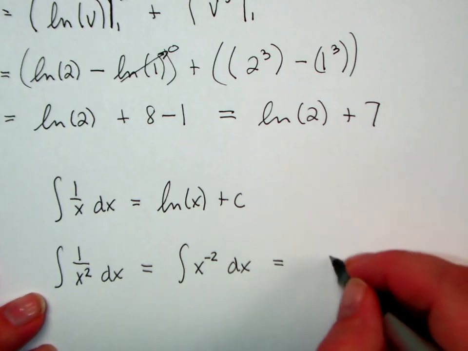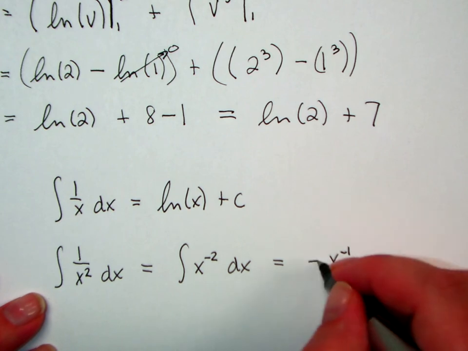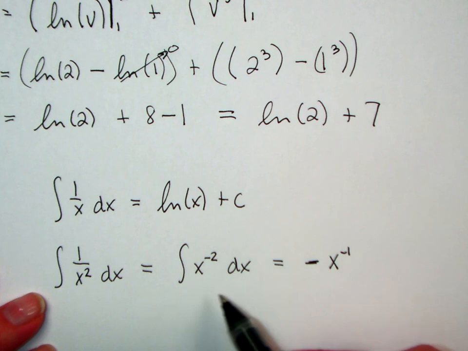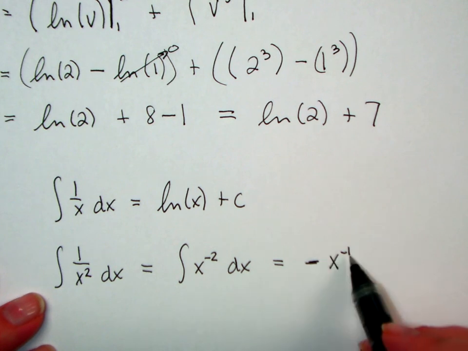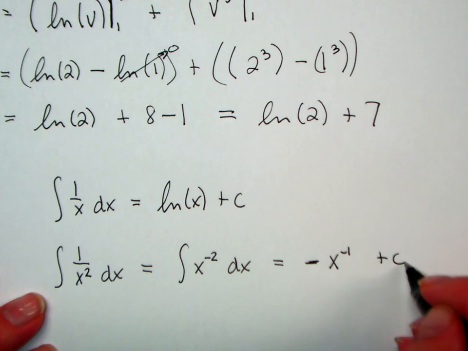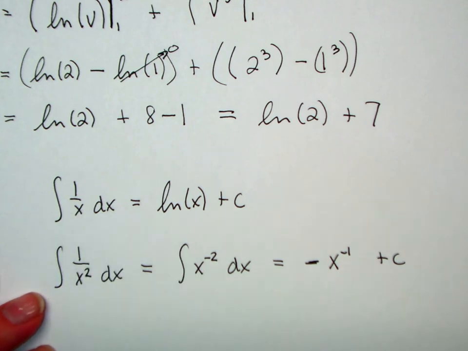So we would get negative x to the negative 1. I put a negative here so that when I differentiate this, I get the correct coefficient. If I differentiate this, I get positive 1 x to the negative 2, which is what I want. All right? But if it's x to the negative 1 power, it's got to be an ln.